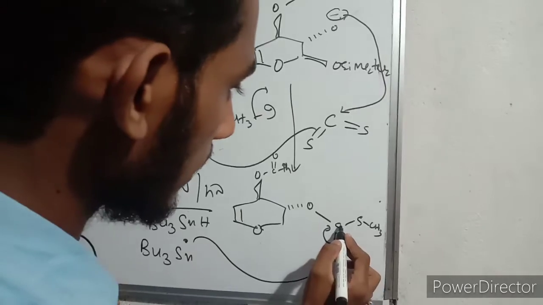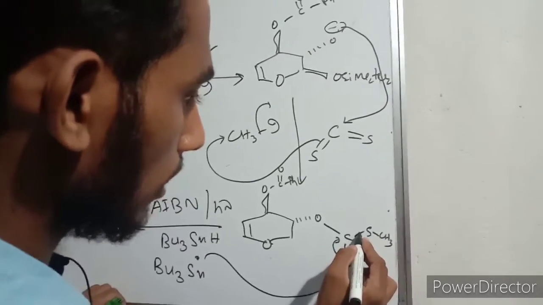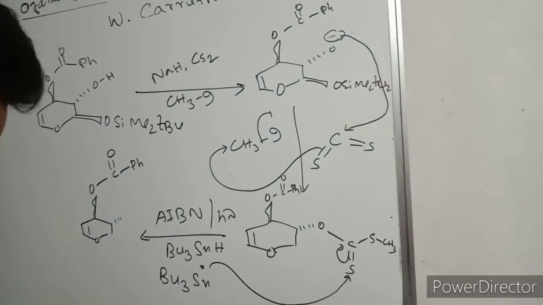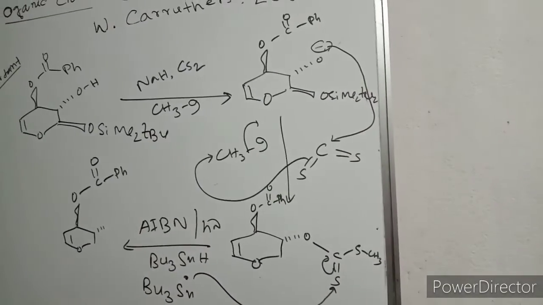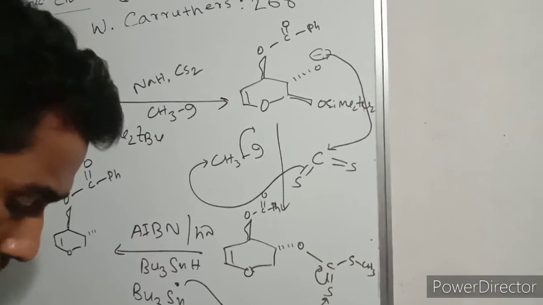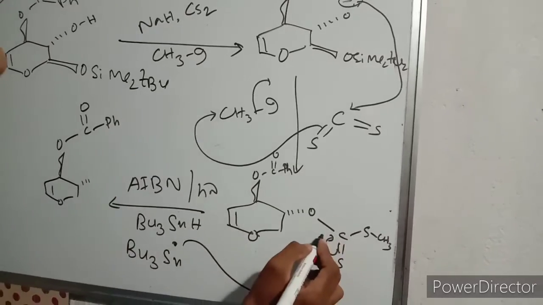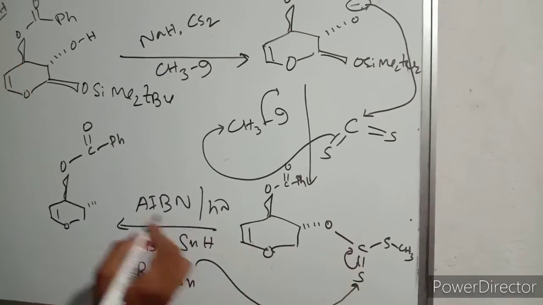This carbon will get a dot, and this carbon will also get a dot. This carbon will break. Ultimately we get this bond with a dot, and this bond with a dot.